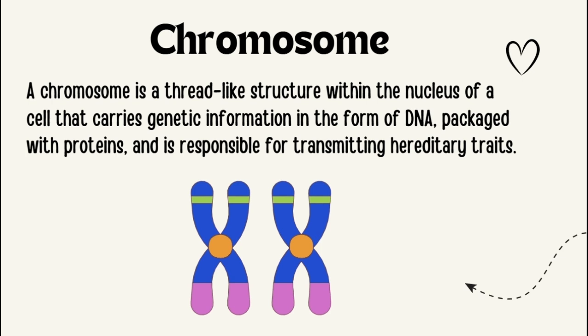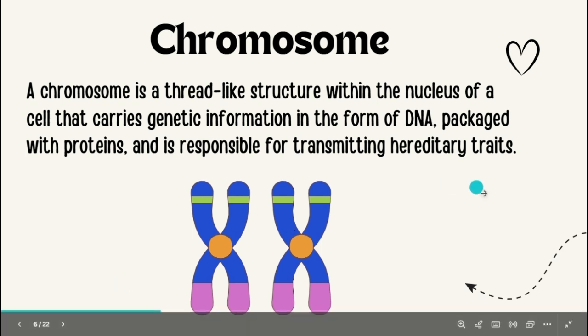Basically, we know that the DNA can be found on the chromosome, and we know that the gene can also be found on the chromosome, right? That is why it carries the genetic information, because it carries all the structures that code for our genes. We have our gene, we have our DNA, everything is locked within these chromosomes, right?